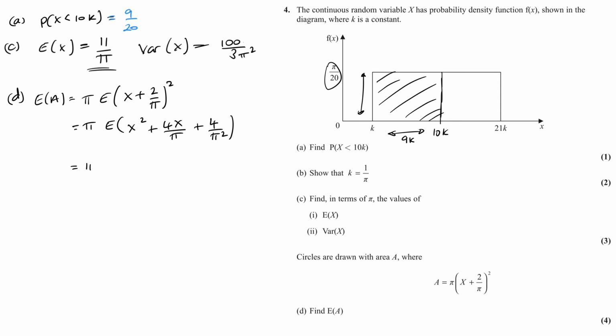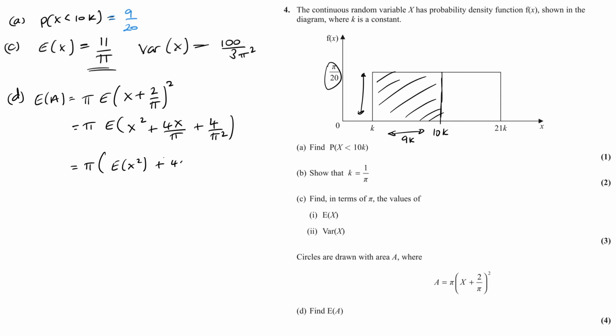So I've got pi times E of x squared plus, now it's 4 pi over pi. Shall I do this in 2 steps? I'll keep the pi on the outside first, just so that we can talk about it.